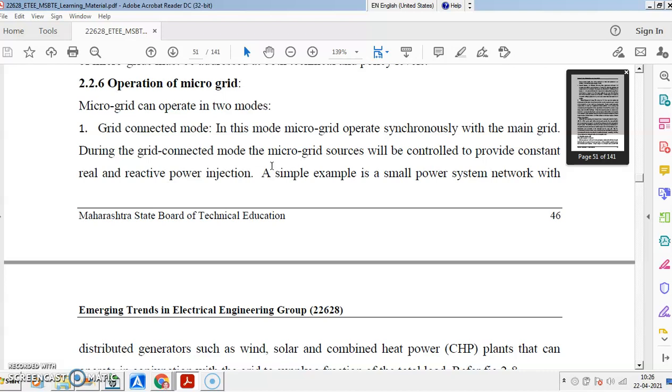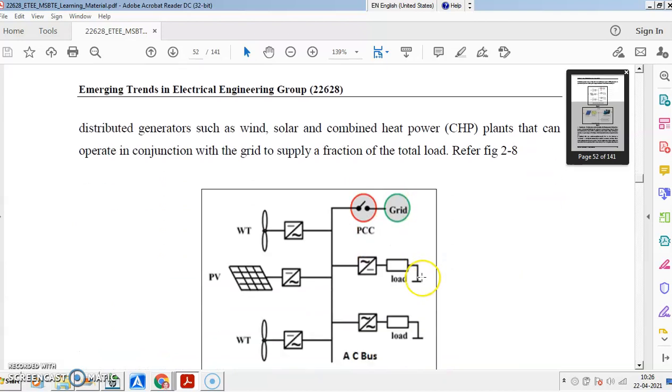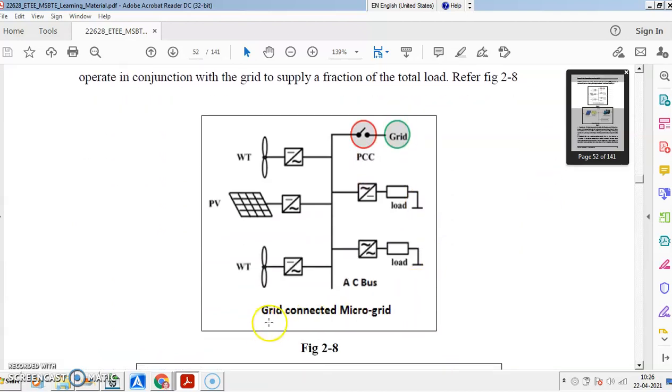Whenever that happens, we call it an export. And when there is a requirement of power for the local load, then it is supplied through the microgrid through the synchronous link, and it is fed to the load. Okay, so this is an example of grid connected microgrid.